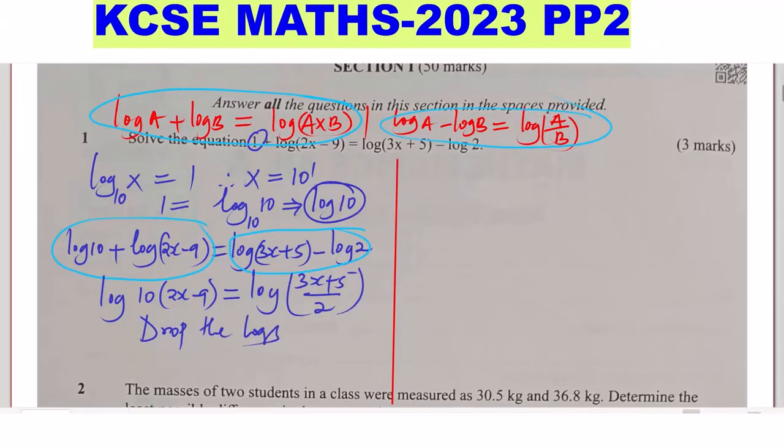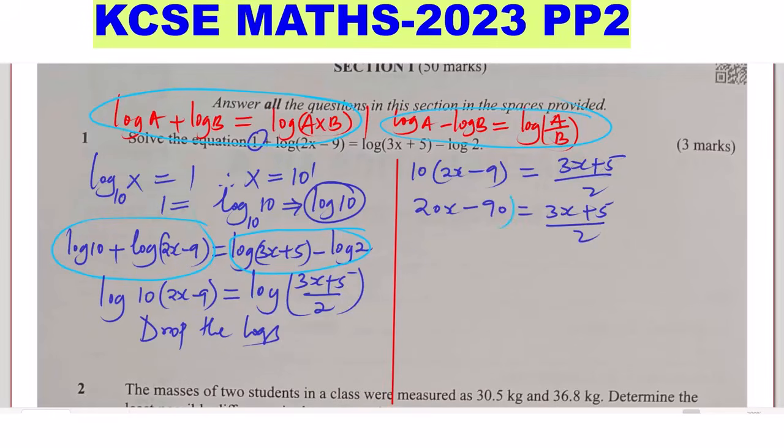And when you drop the logs, you'll have 10 times (2x minus 9) is equal to (3x plus 5) divided by 2. So this will give 20x when you open the bracket, minus 90, is equal to (3x plus 5) divided by 2.